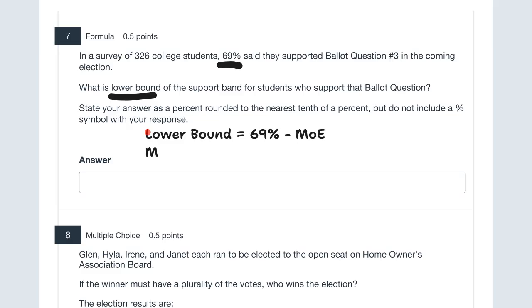So in this case, our margin of error is going to be plus or minus 1 divided by the square root of 326.